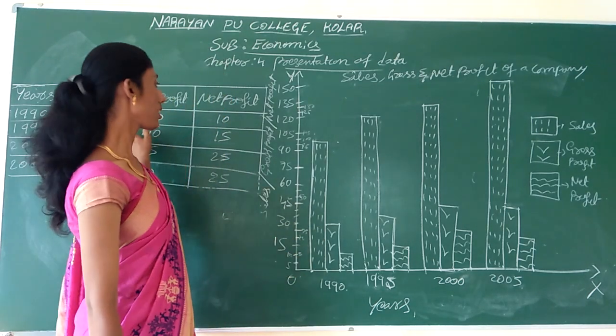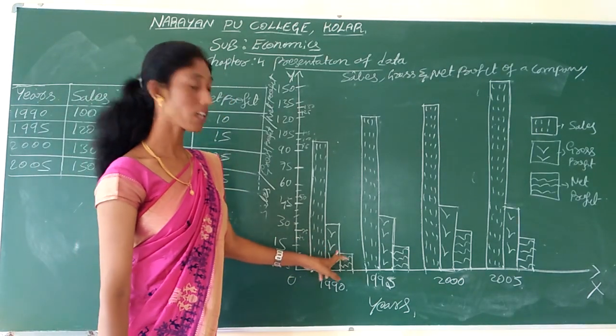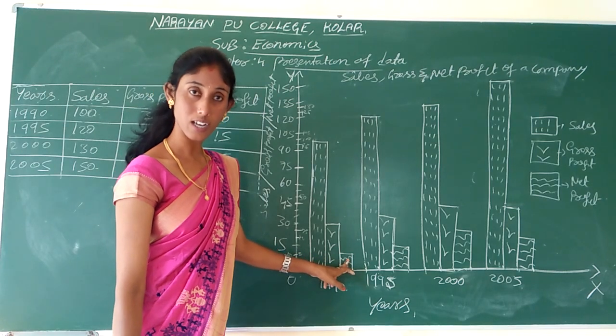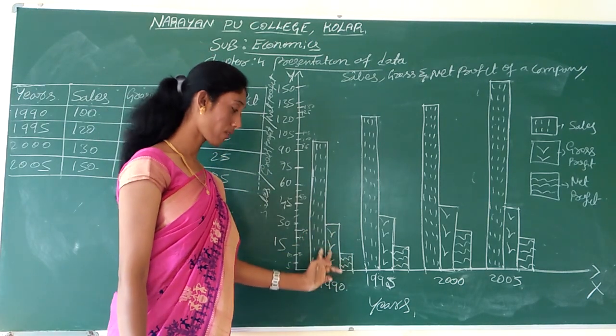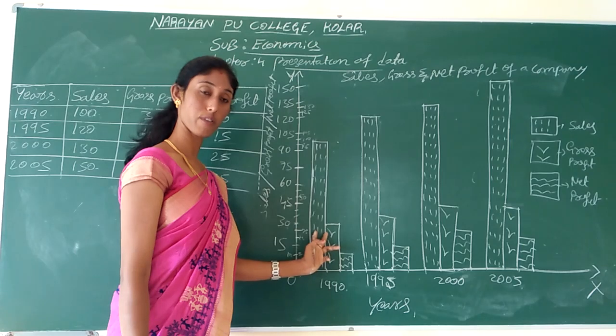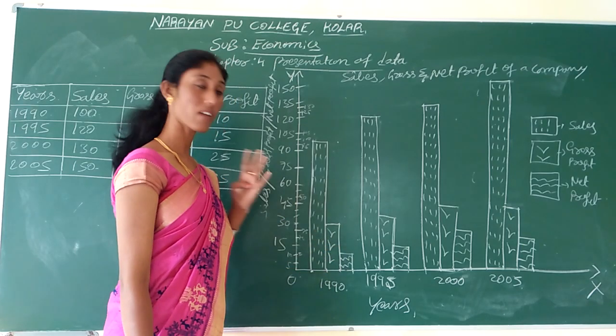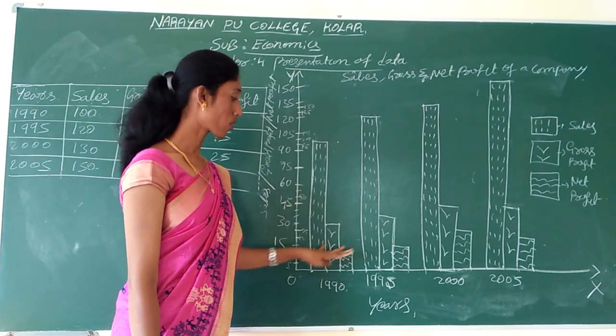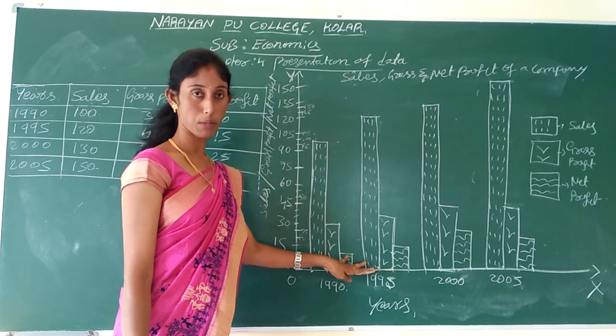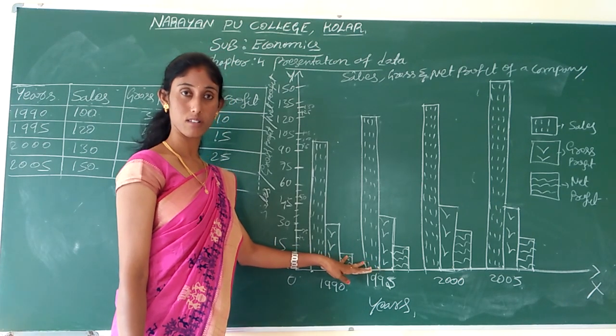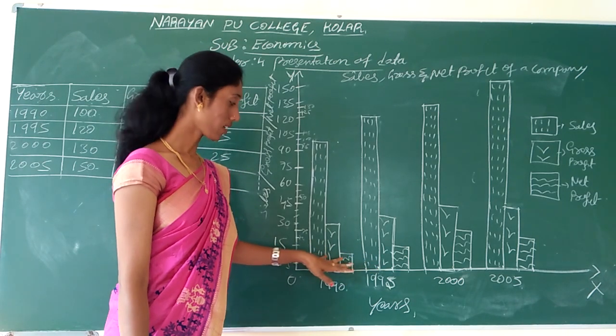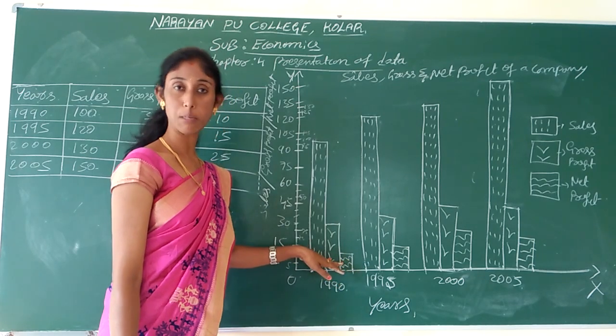Here we have 3 variables, so we draw 3 bars. If you have 2 variables, we draw only 2. If you have 4 variables, we draw 4 bars per particular year. If we have 3, we draw 3 bars.